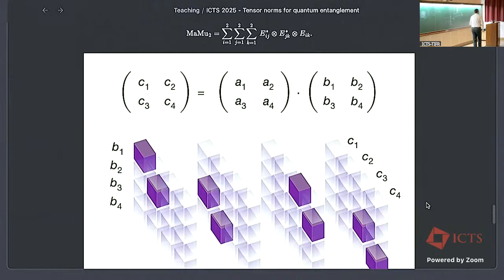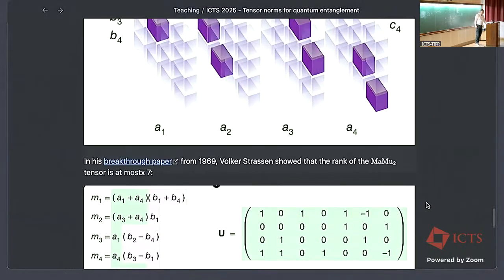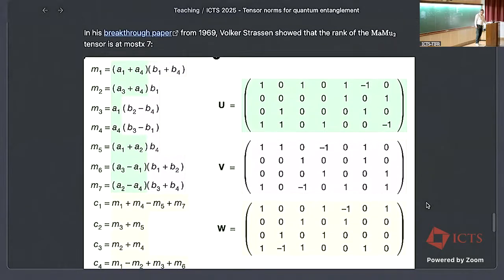And Strassen made this breakthrough that actually this rank is at most 7. So he found a way to multiply two 2x2 matrices using only 7 multiplications. Equivalently, he found a decomposition of the MaMu2 tensor as a sum of 7 terms of rank 1.